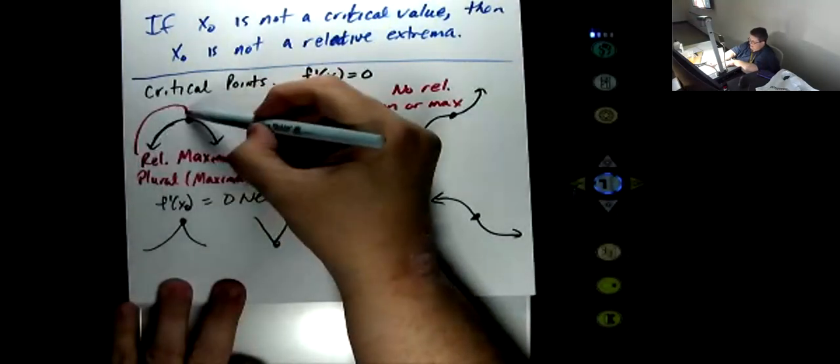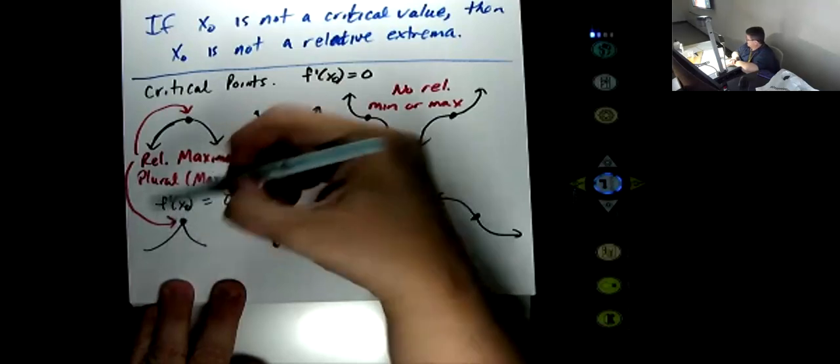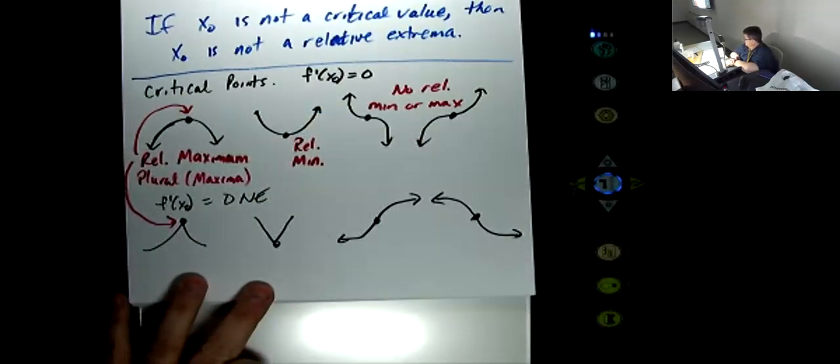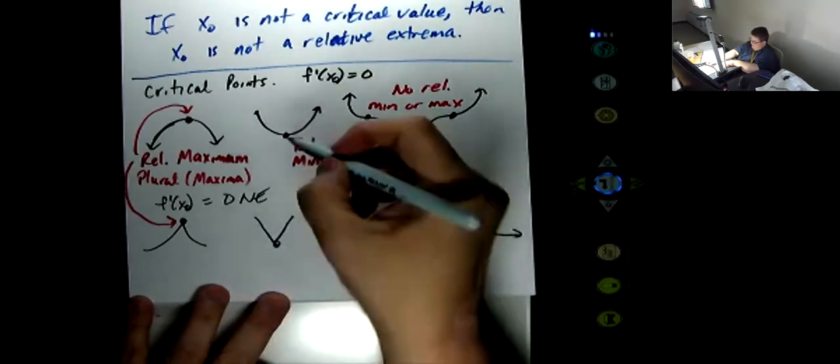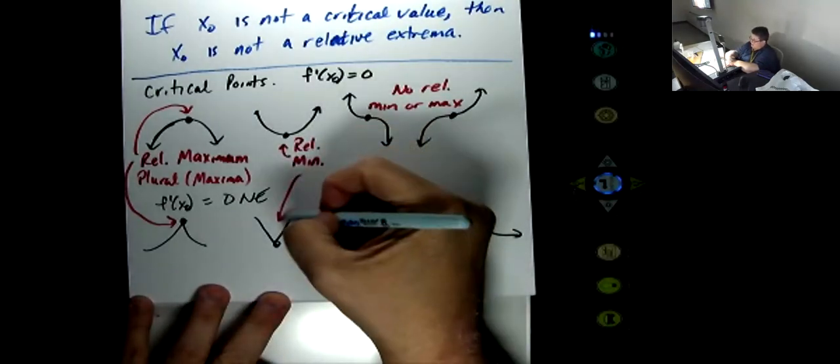So the relative max is there, and that's a relative max. That's a relative min, and that's a relative min.